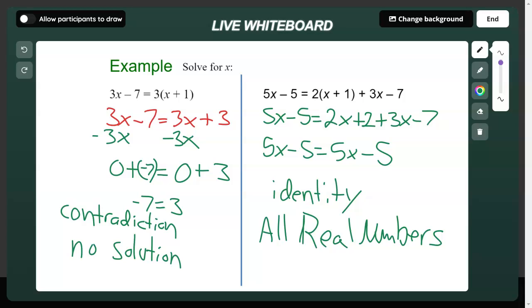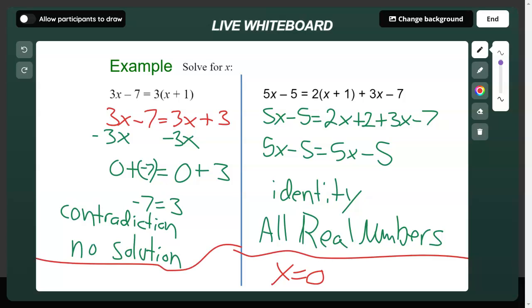Now, side note, because it's our last slide, but I want to talk about this because it always shows up. You're solving an equation, whatever it is, and you end up getting x equals 0. Okay, this is separate from these conditional statements. And you get x equals 0.